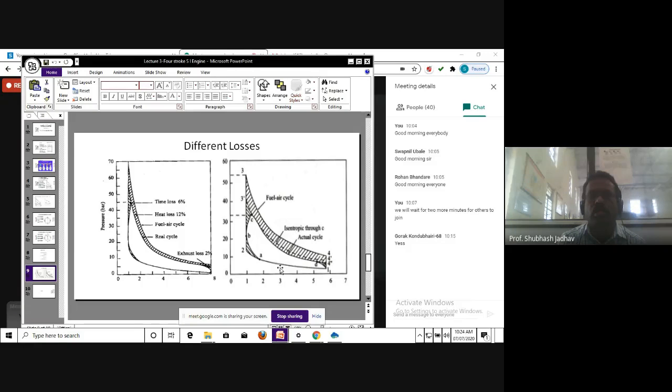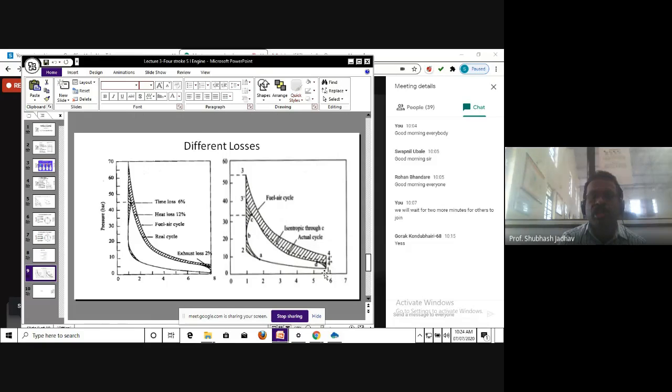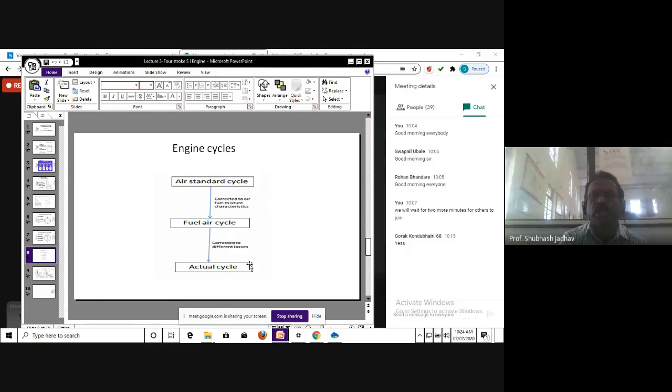Here 1 2 3 4 1 was the fuel air cycle, and the actual cycle was 1 A B C D 1. So this is the ideal one, like Carnot. This is the fuel air cycle, like the Otto cycle, diesel cycle, etc. This is the actual cycle we have discussed now.